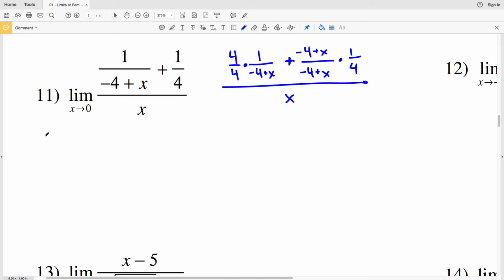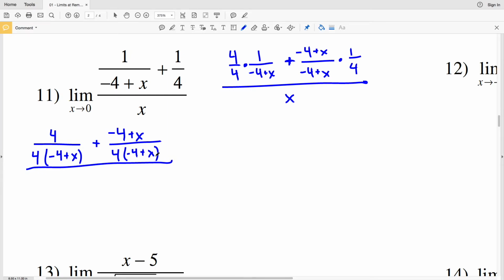So you can see when I multiply out that numerator, I'll have 4 over 4 times negative 4 plus x plus negative 4 plus x, because negative 4 plus x times 1 is negative 4 plus x, and that's all over 4 times negative 4 plus x.